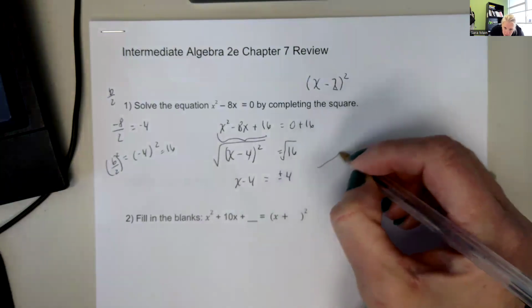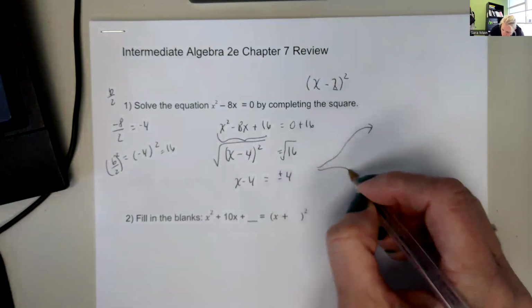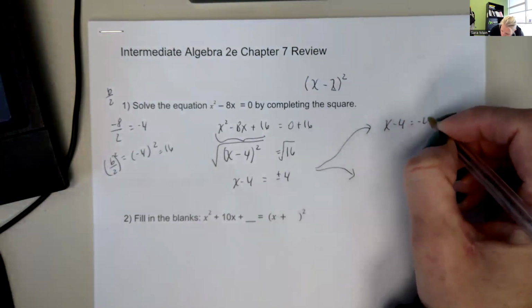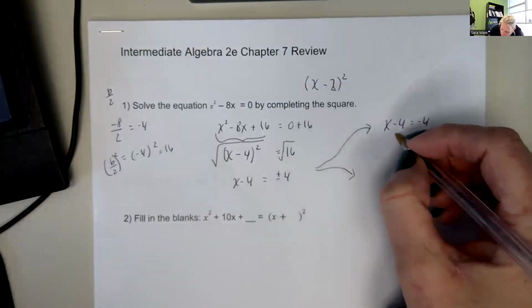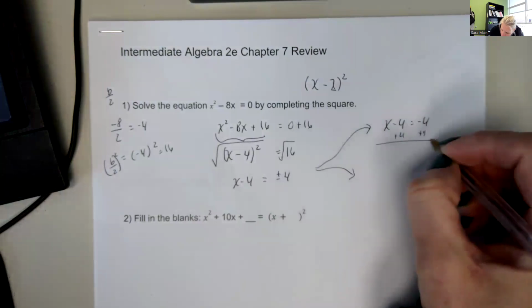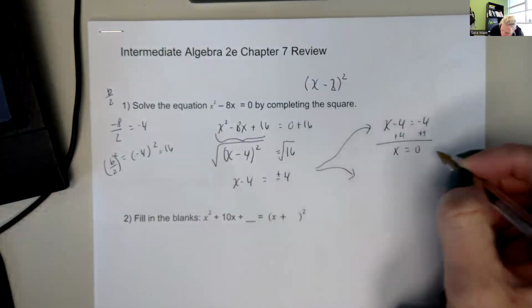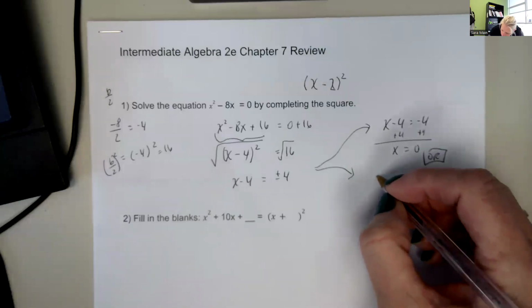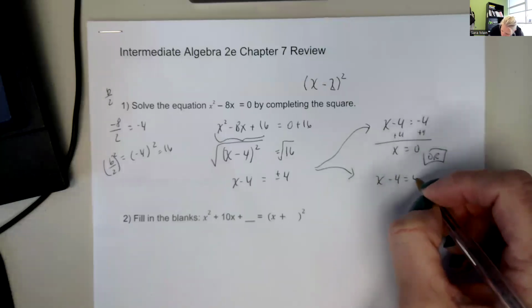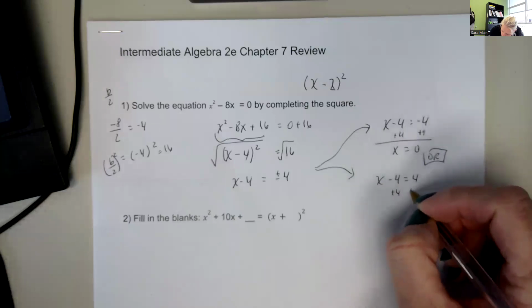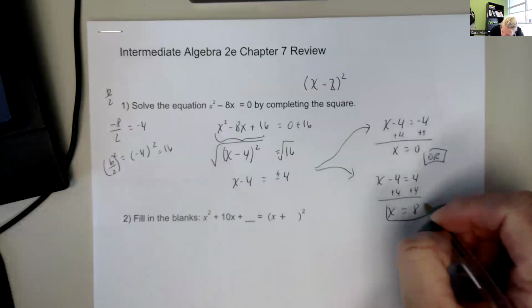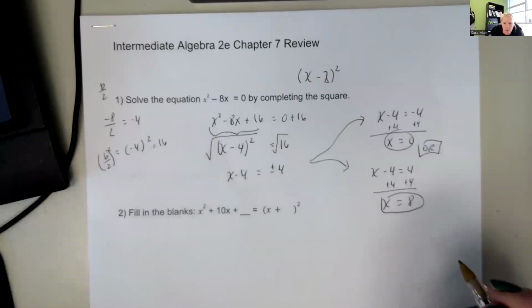And the plus or minus means that we're going to have two answers. So x minus 4 equals a -4. If we add 4 to both sides, we get x equals 0. Or if we take x minus 4 equal to a +4 and add 4 to both sides, we get x equals 8. So those are my two solutions.